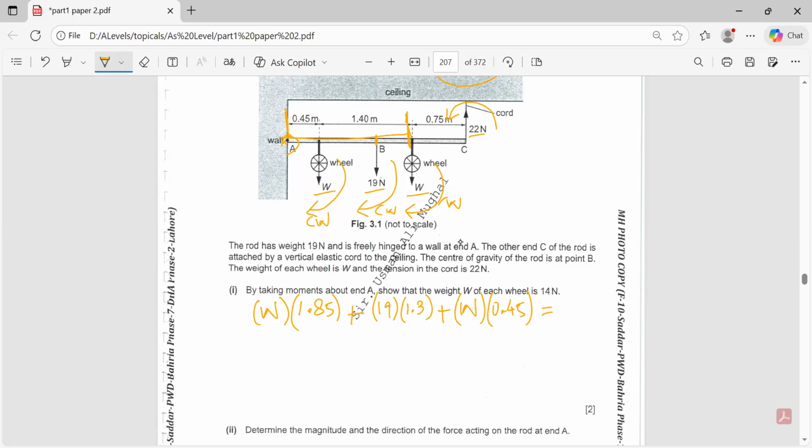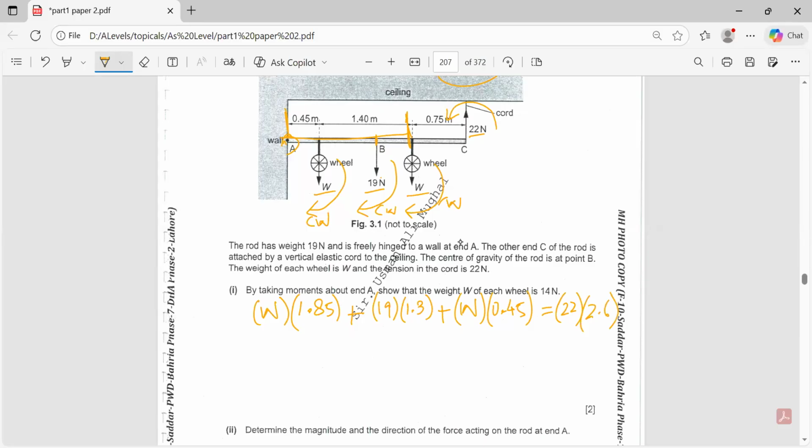This all will be equal to the anti-clockwise moments. And what is the anti-clockwise moment? 22, and the whole distance is 2.6.